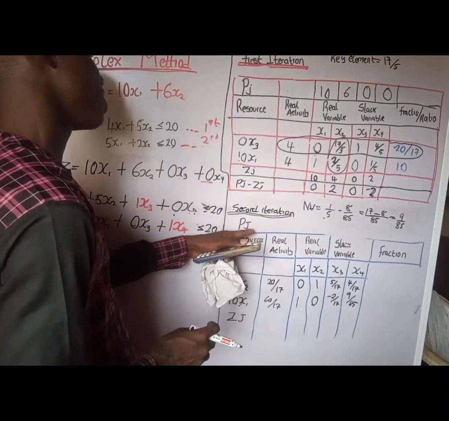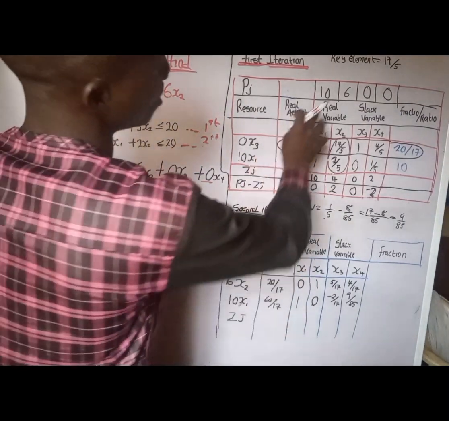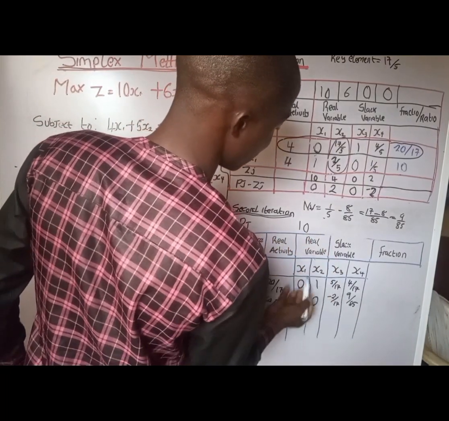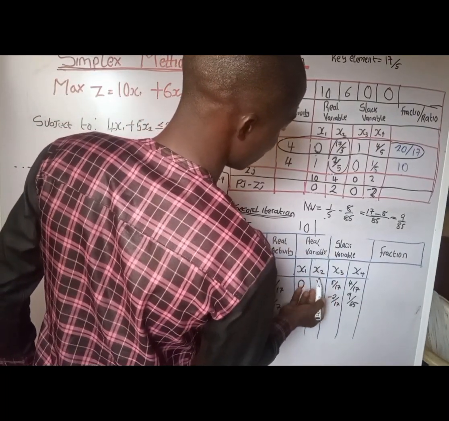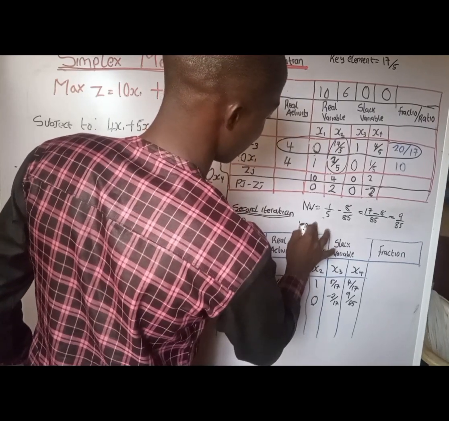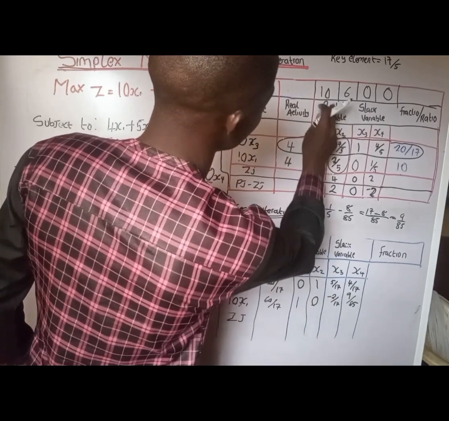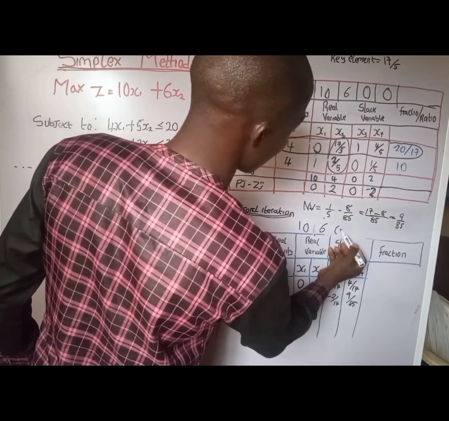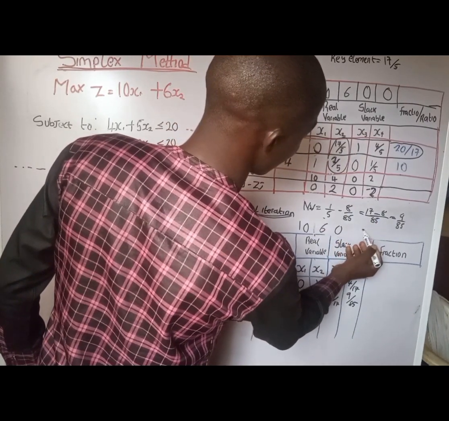The table of pj, the value of the table of pj will be 10. I still have my 10 in here. 10 is still intact. Let me put the row here: 10, x2 is 6, x3 is 0, then x4 is 0 also.